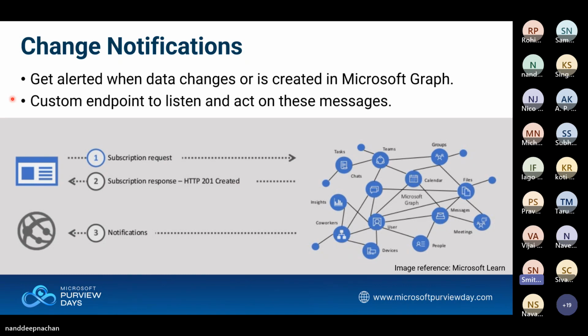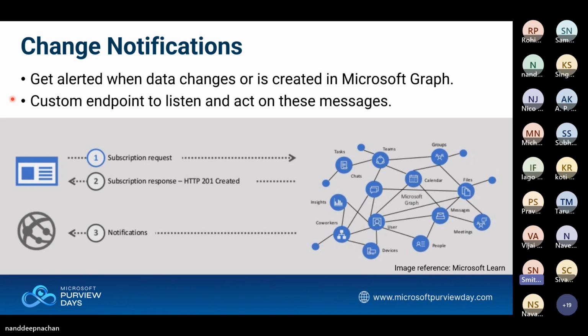Microsoft Graph. Some example scenarios are: when an email is received, you want to translate it from its native language to another language and make it easier for the consumer to read that email.